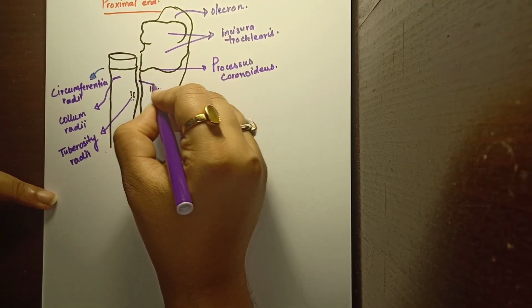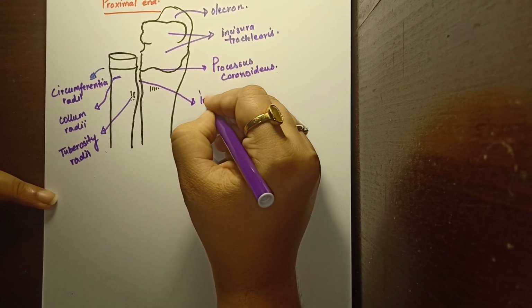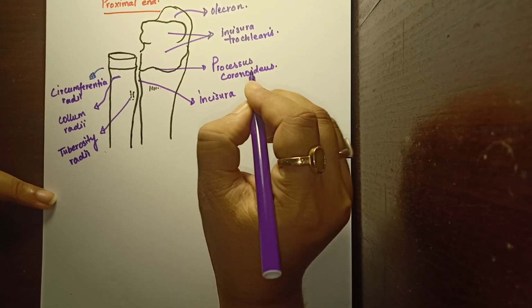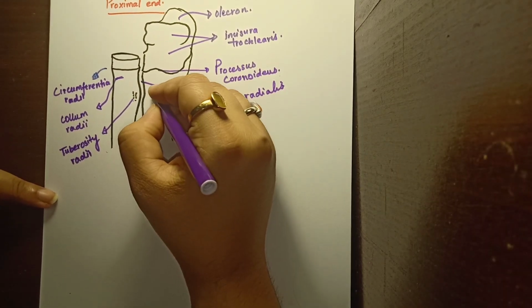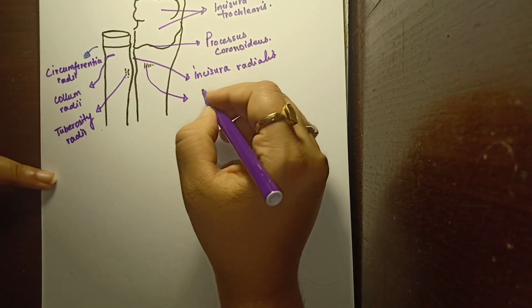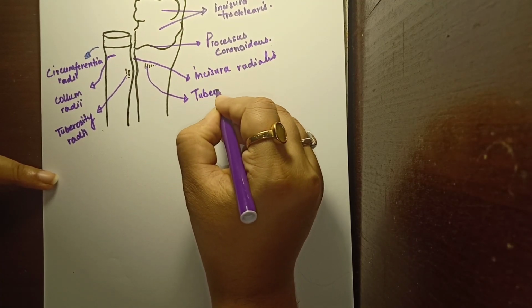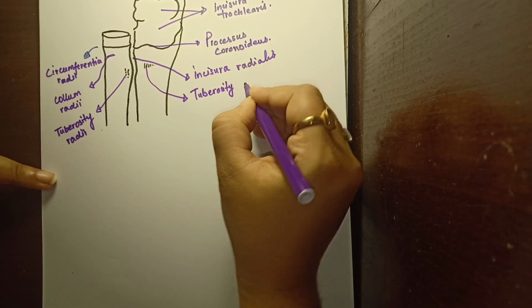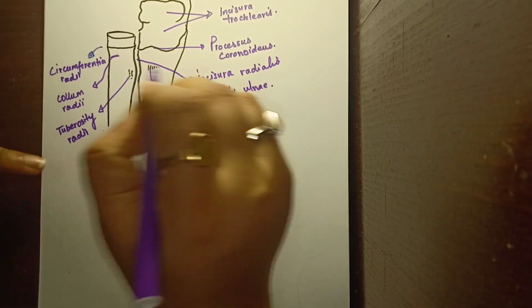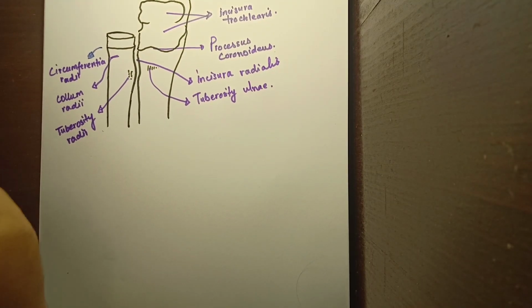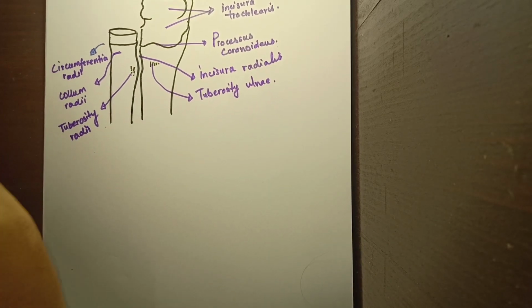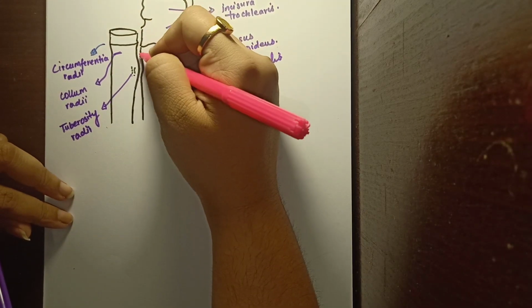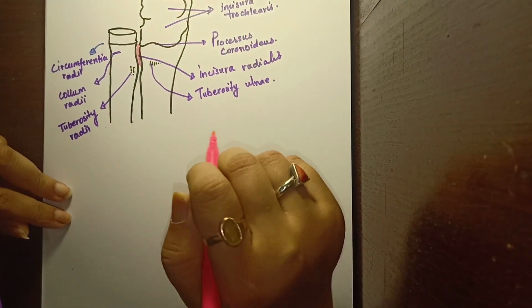Here we have incisura radialis, and here we have the tuberositas ulnae. So here you can see that the radius and ulna are joined by this incisura known as incisura radialis.